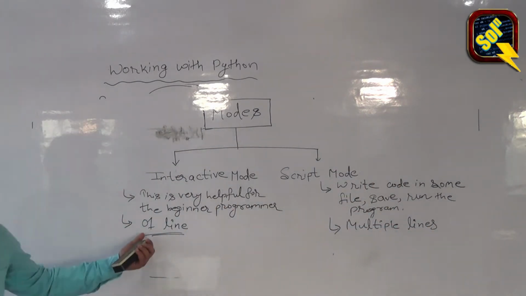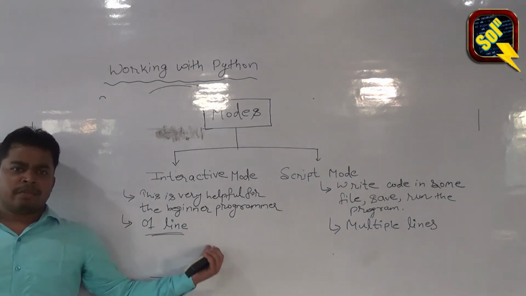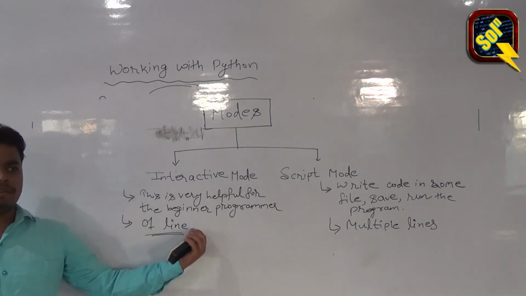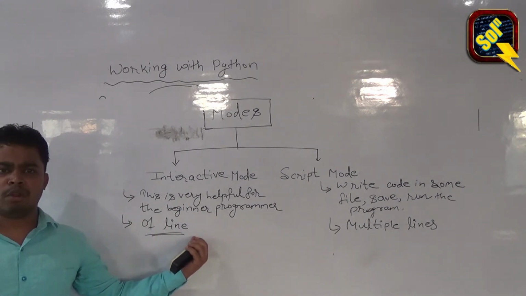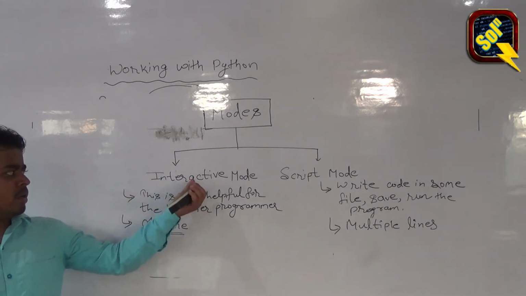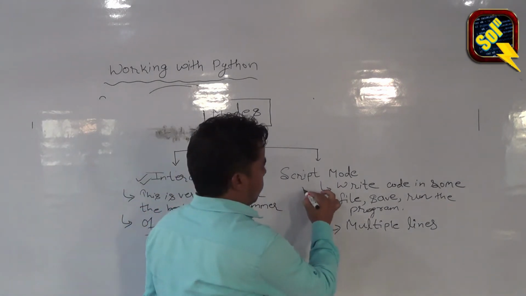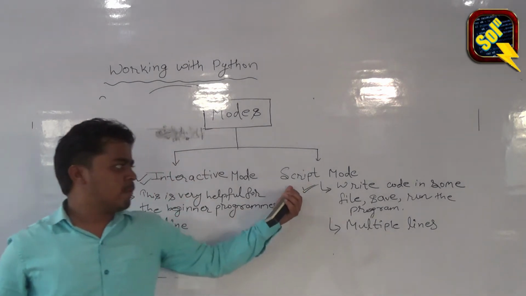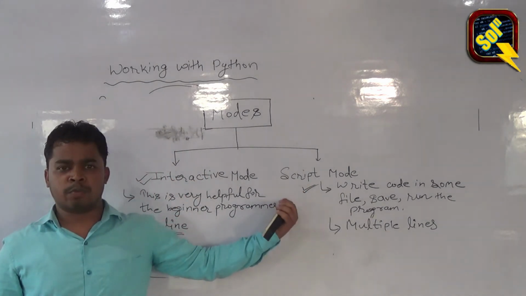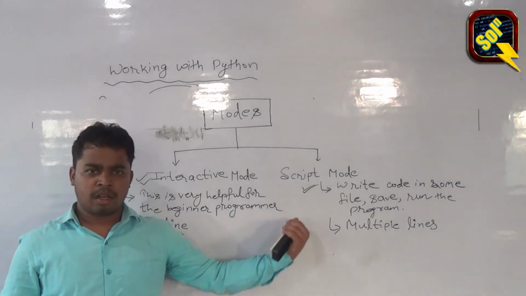So as you are seeing here, the code can be written in only one line. So definitely whenever there is a number of lines in a particular program, it will be difficult to follow this interactive mode. Whereas it will be very easy in script mode. That we will see later on.